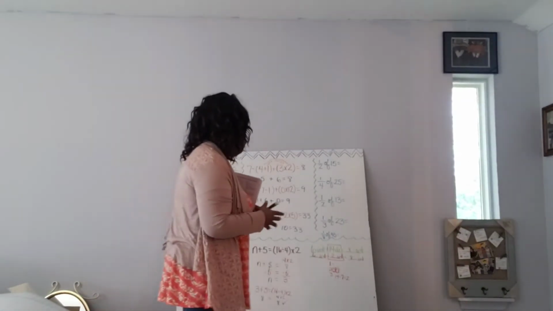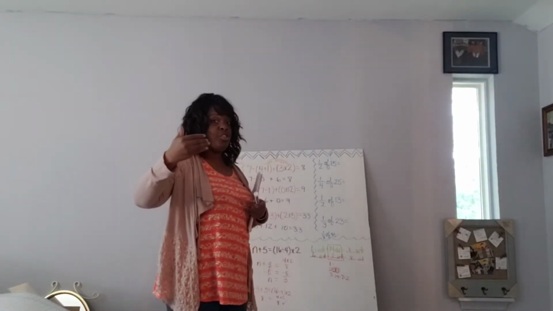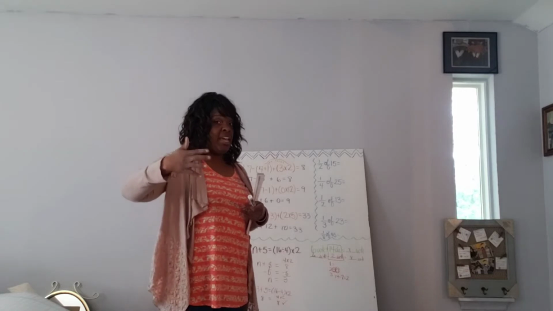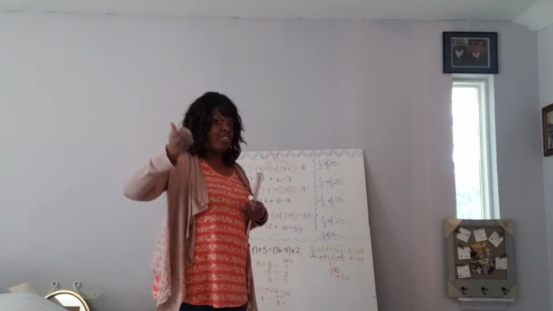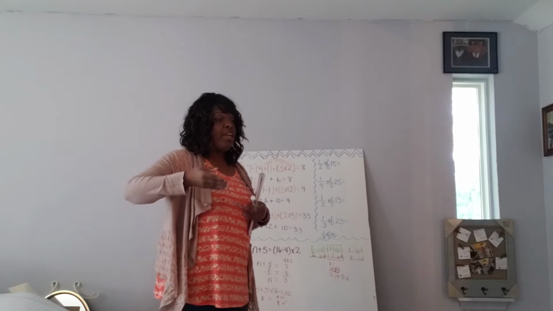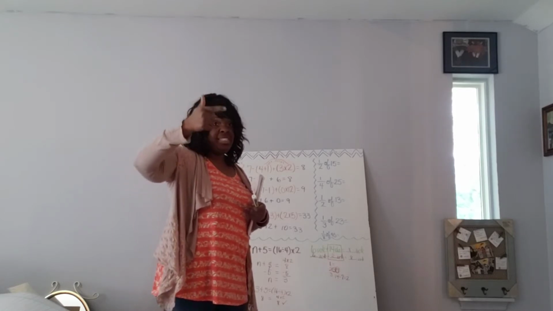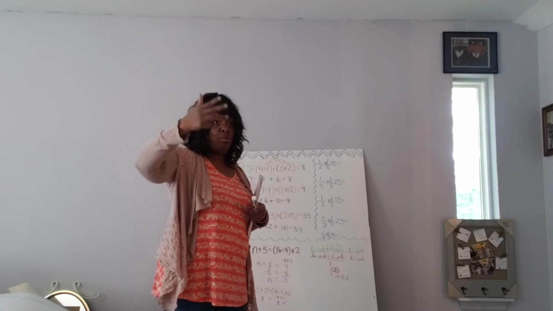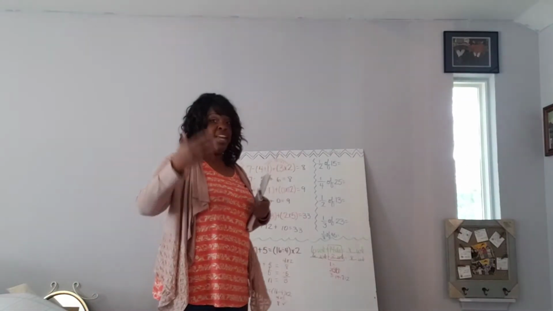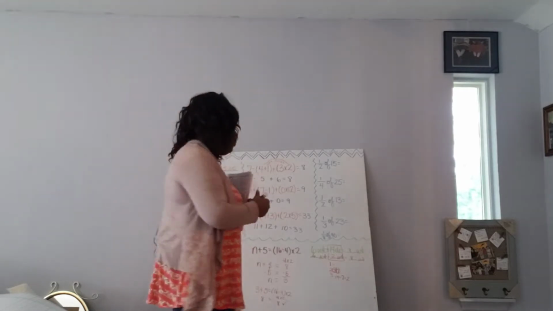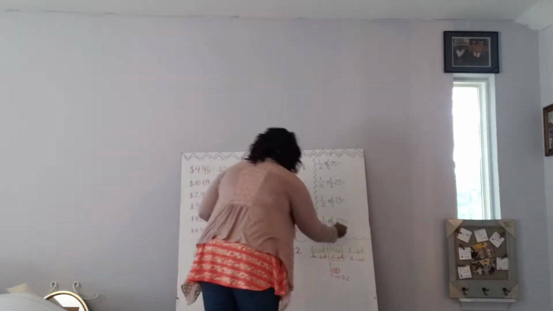So 1/8 of 45, we would get as close to 45 as we can by counting by eighths, because remember, it's taking that whole number, dividing it by our denominator. So we would do 8, 16, 24, 32, 40, 48. Oh, that's too big, so we would have to go with 40, which means it would be 5.